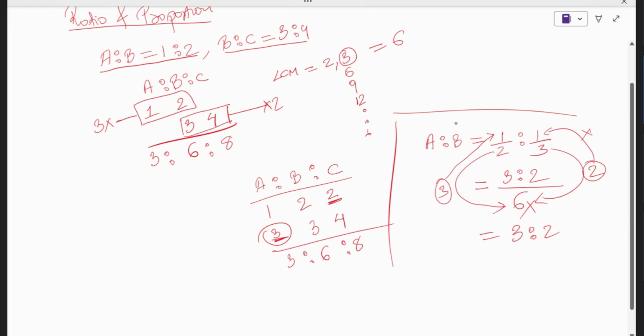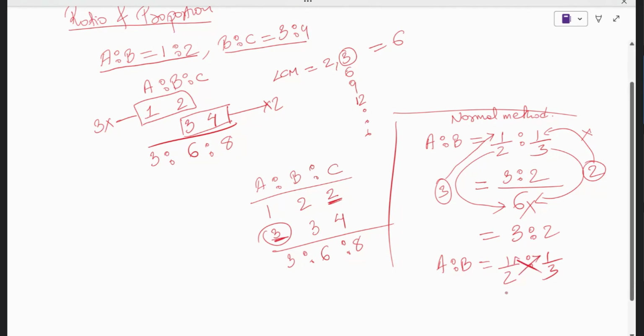Now again, this is the normal method. If you have more than 2 numbers, A, B, and C, in that case you have to do it with the normal method. However, in this case with two numbers, 1 by 2 is to 1 by 3, we can follow this shortcut, cross multiply right away.